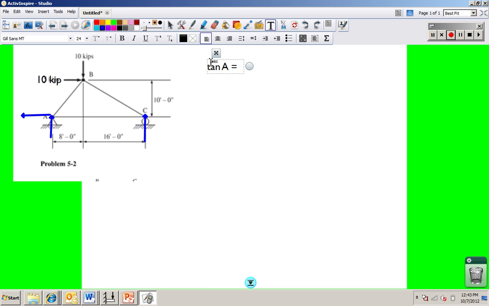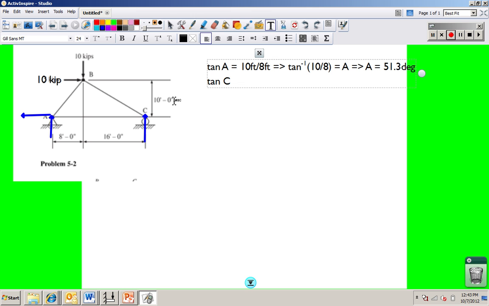That's going to be the opposite, which is 10 feet, divided by the adjacent, which is 8 feet, and so when we do a little rearranging on that, we're going to get the arctan of 10 divided by 8 is equal to the angle A. So from that we get that A is equal to, I get 51.3 degrees.